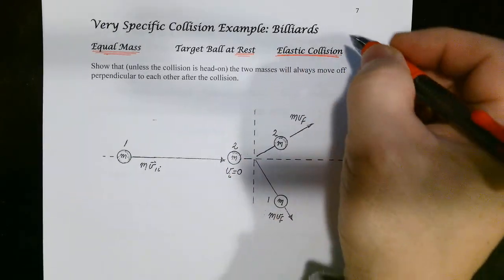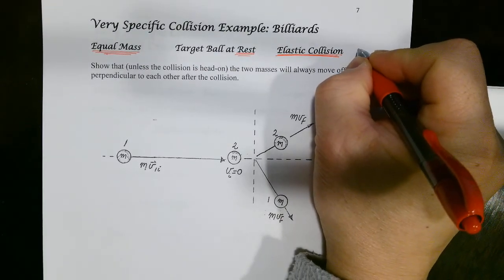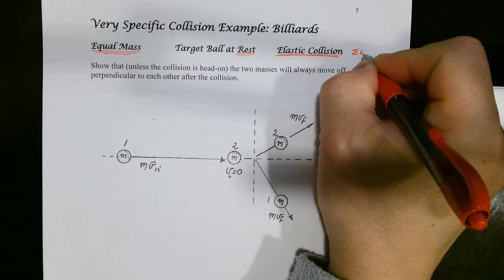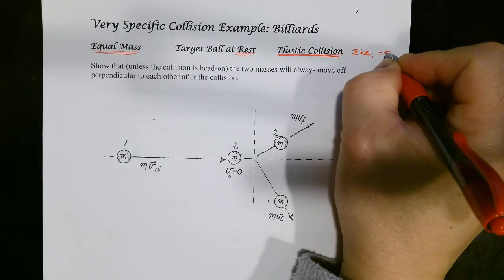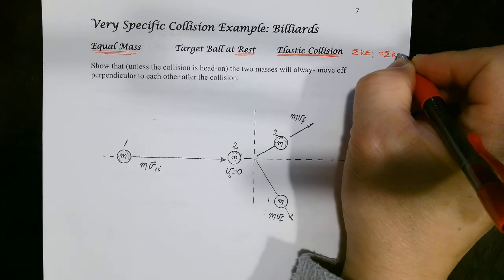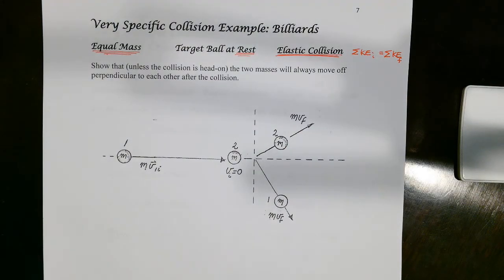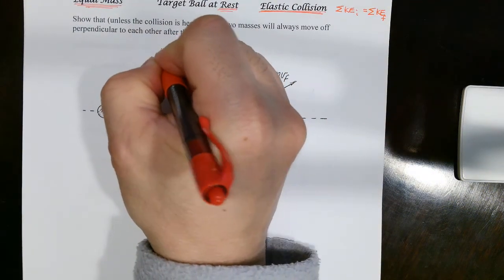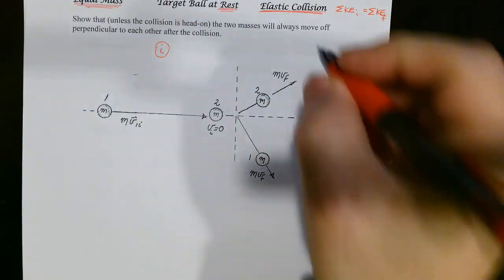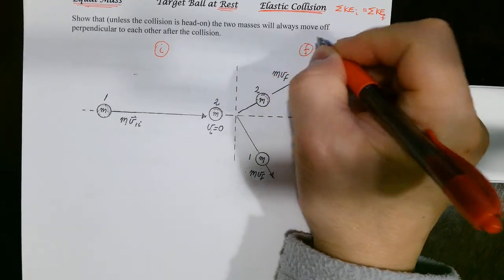That means an elastic collision tells you automatically that the sum of all kinetic energy initial must equal the sum of all kinetic energy final after the collision. So here is the initial condition before the collision, and here's the final condition after the collision.